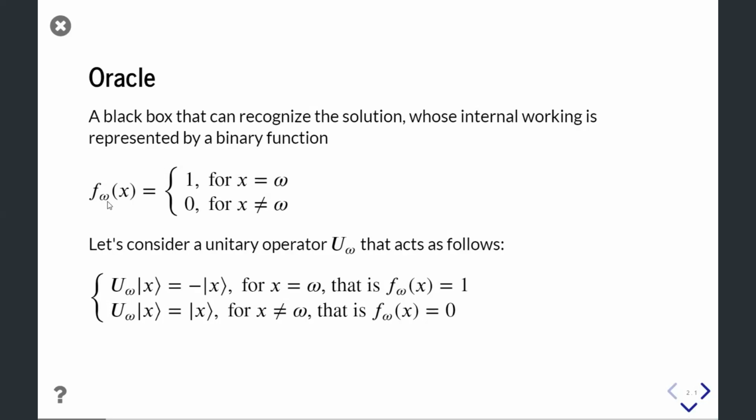If you are working with classical bits, omega is a value between 1 and N. So you have N different possible solutions, and how many times should you query the function f to find the value of omega?